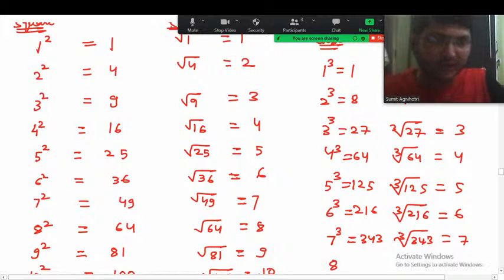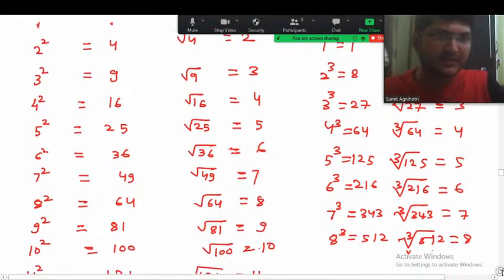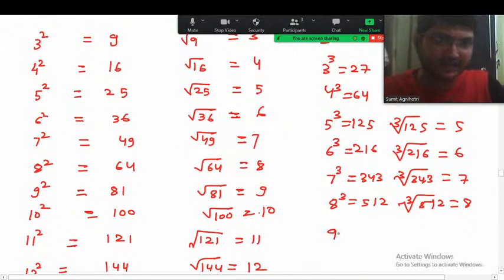Do you know the cube of 8? It's 512, and that is why cube root of 512 is actually 8. Similarly, the cube of 9, how much? 729. That is why cube root of 729 is 9.